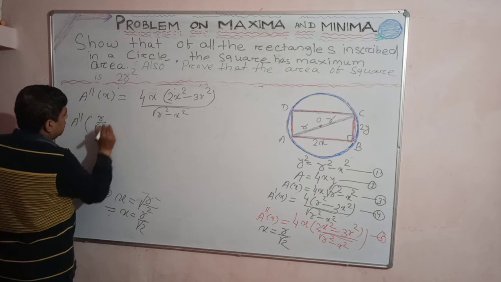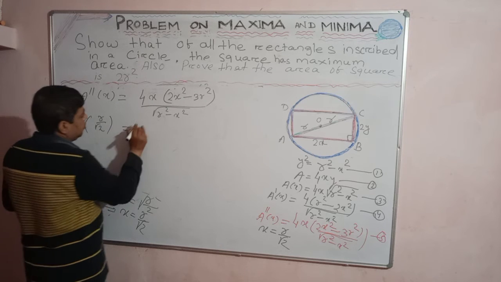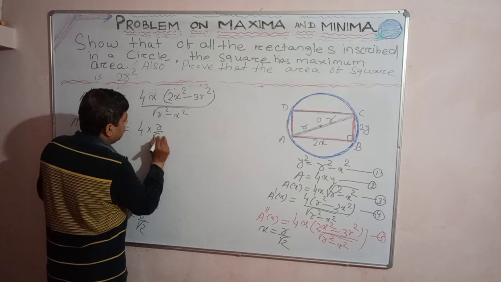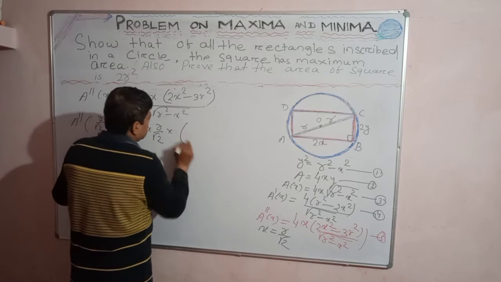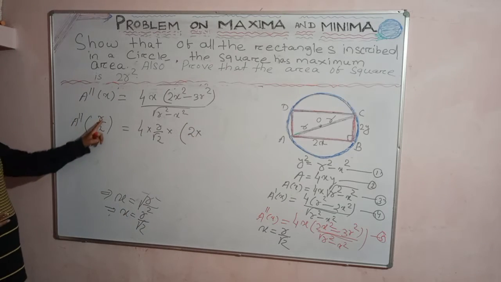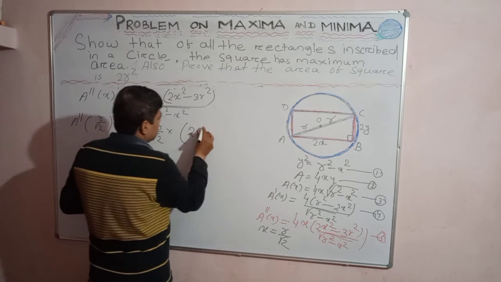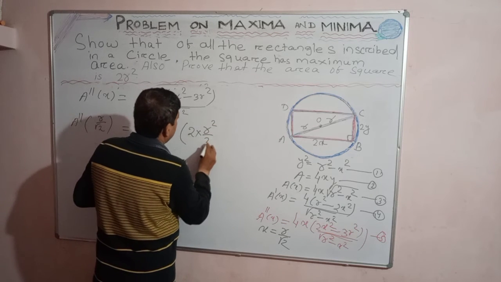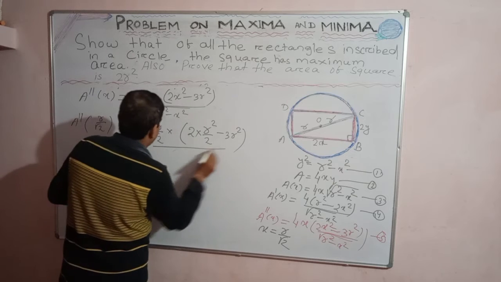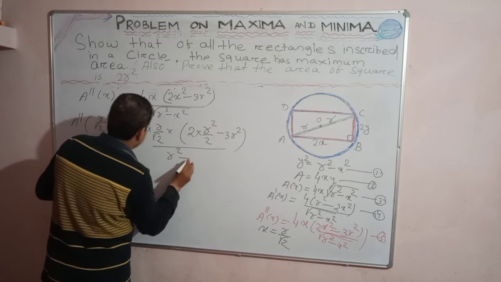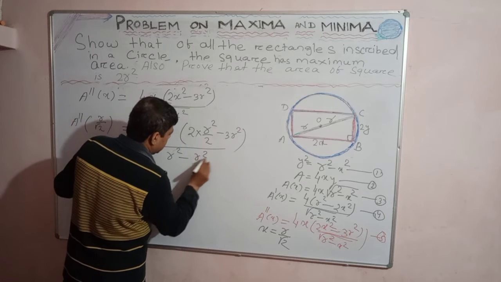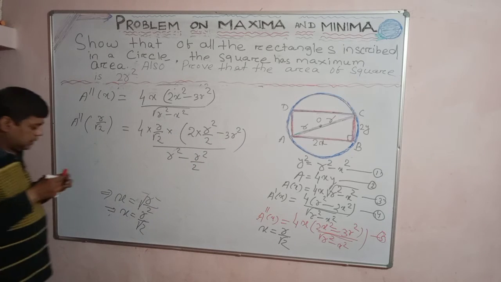So 4 into r upon root 2 into (2 into x square, and x square means r square by 2, so r square minus 3r square) divided by r square minus x square, where x square is r square by 2.